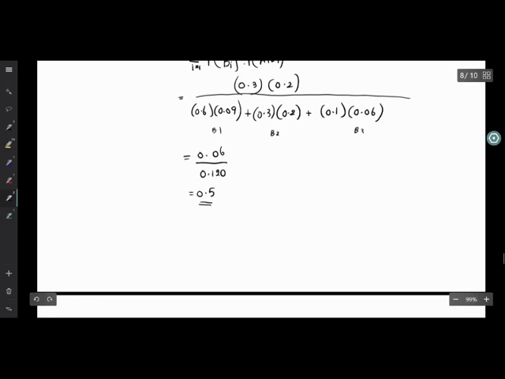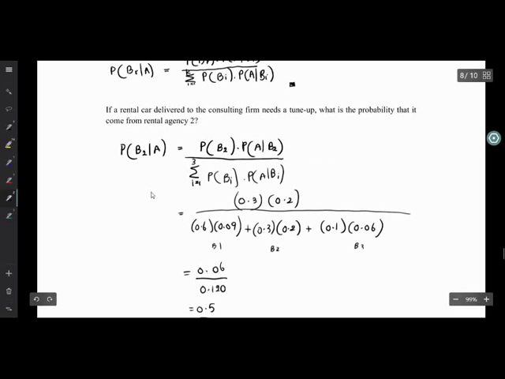Now if you need the probability of B1 given A, what do you do? You pick the part corresponding to B1 to the top and use all three at the bottom. If you need the probability of B3 given A, you pick the part that belongs to B3 to the top, divide by all three. So this is very easy.